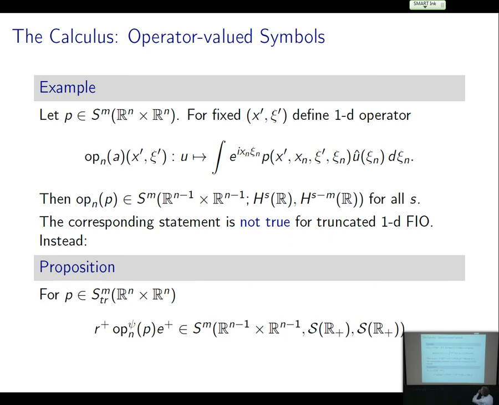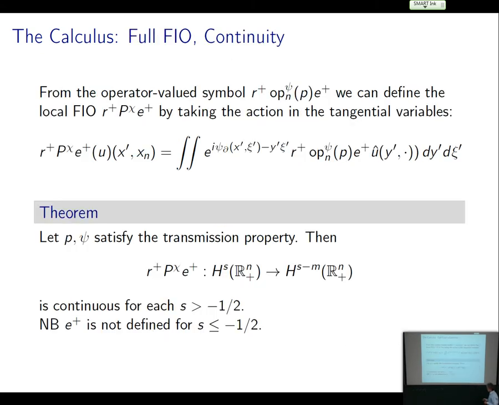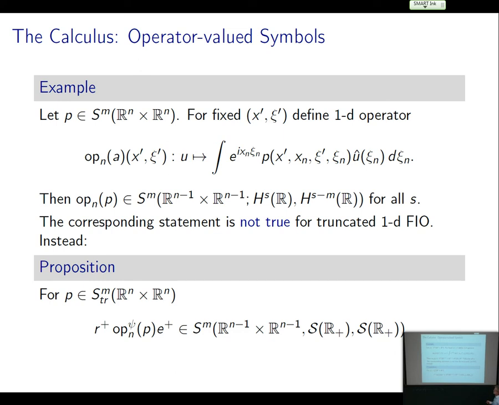If you expect the same to hold for Fourier integral operators, this is not true. But what you can show, and this is a little bit of work, is if you start with a symbol satisfying the transmission property, then you get an operator-valued symbol, but it will not respect the Sobolev scale exactly. There's a little trouble with it.